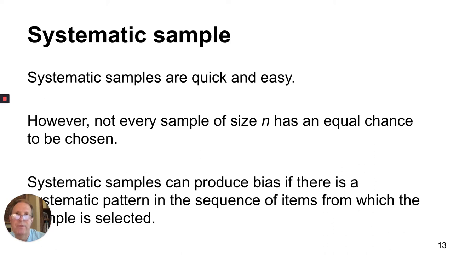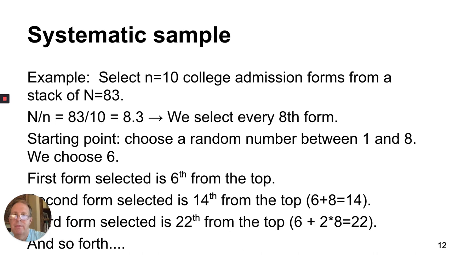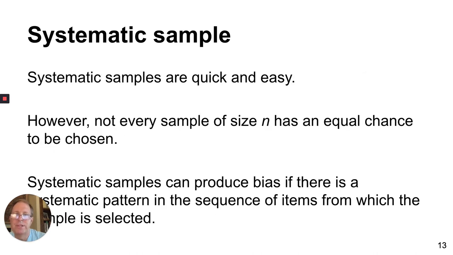Well, if I start at number 6, then I will choose number 6, number 8, or number 14, and number 22. If I keep going following this pattern, everyone in my sample will be a female. So that would produce a biased result.